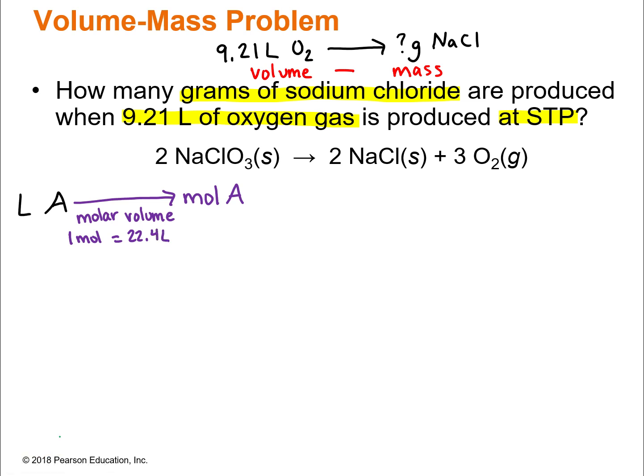The second step in these problems is always using a mole ratio. And that's going to be the form factor of B over A. What we don't know, the unknown, over what we do know, which is A. Then we get to grams of B using the molar mass.